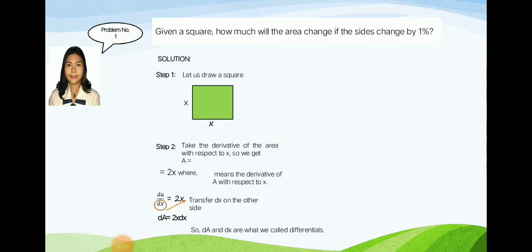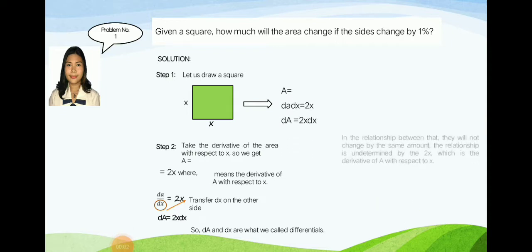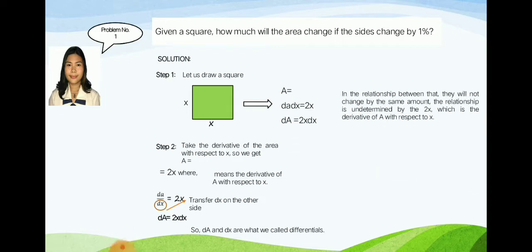So dA and dx are what we call differentials, which means that if x changes by a small amount dx, A will change by some small amount. In the relationship between them, they will not change by the same amount. The relationship is determined by the 2x, which is the derivative of A with respect to x.